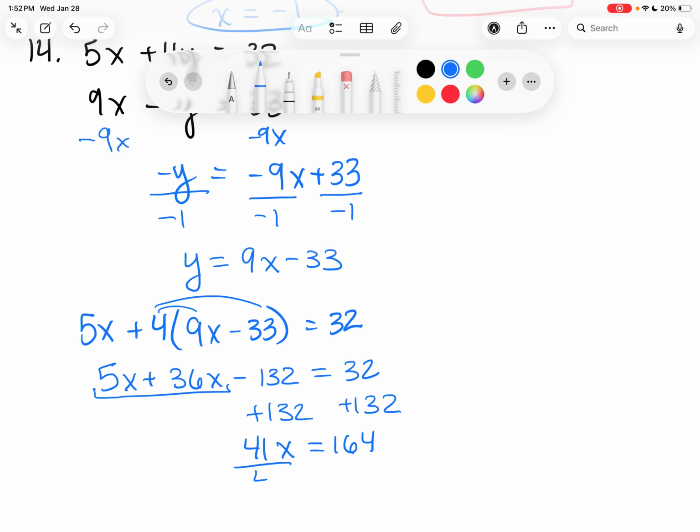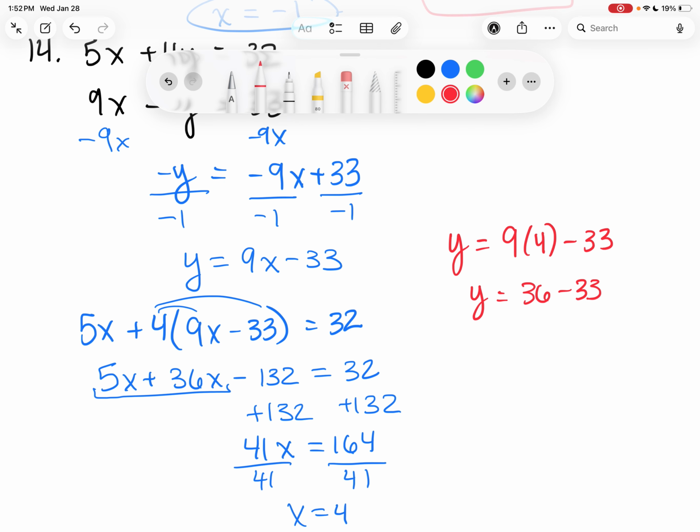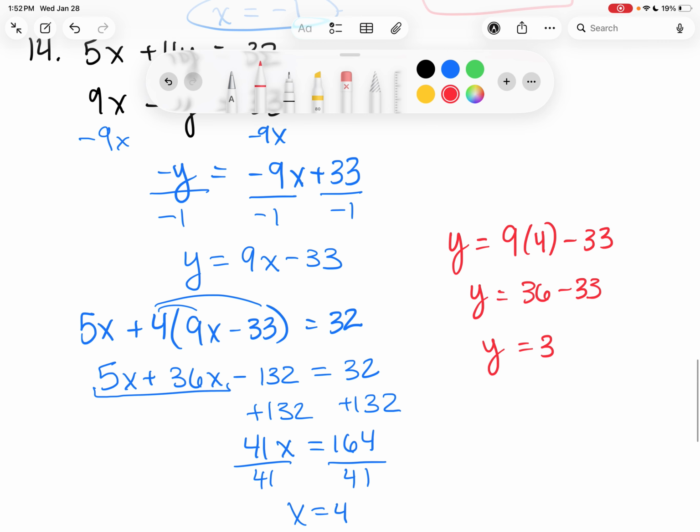I'm going to divide by 41. X equals 4. And then I'm going to take that and plug this into this equation up here to solve for y. So I've got y equals 9 times 4 minus 33. So we've got 36 minus 33. So y equals 3. So my answer is 4, 3.